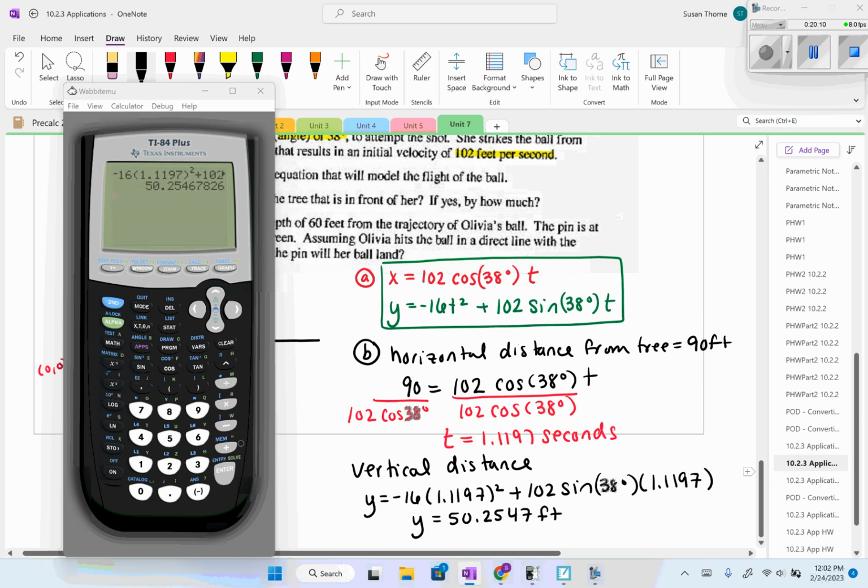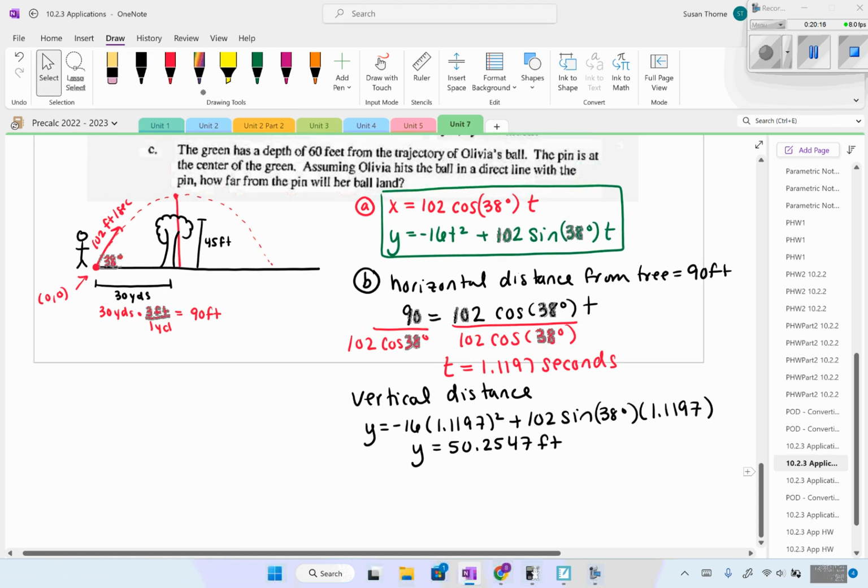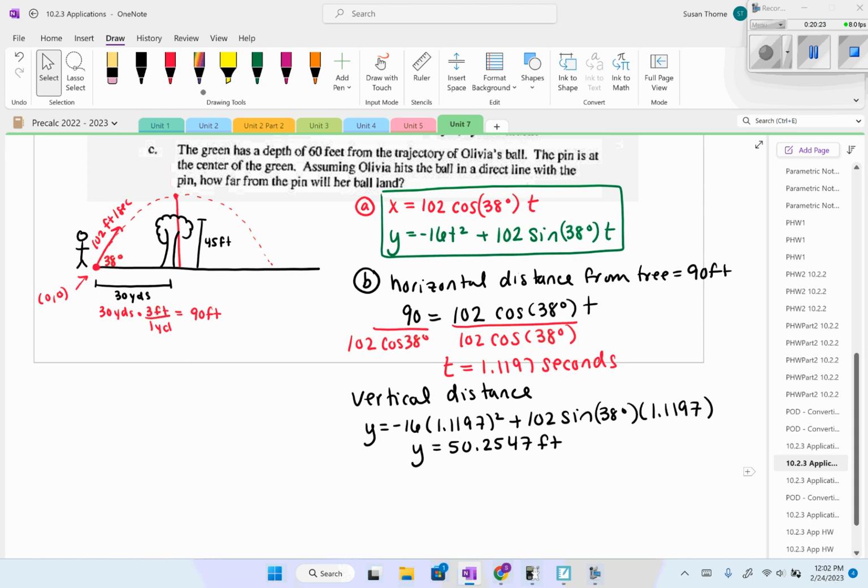50.2547 feet. So if the tree is 45 feet tall, then we have obviously cleared the tree because we're hitting the ball and it's going 50.25 feet vertically. So it's asking us if we cleared the tree, which we did, and by how much.